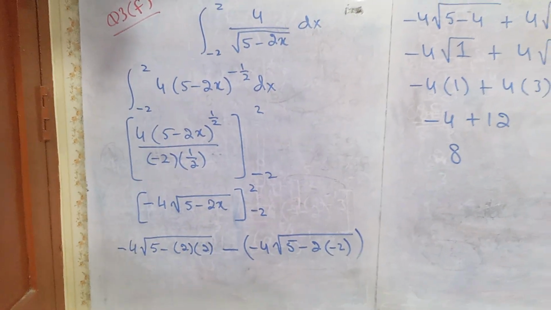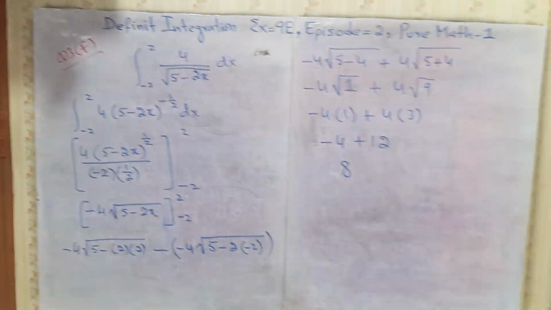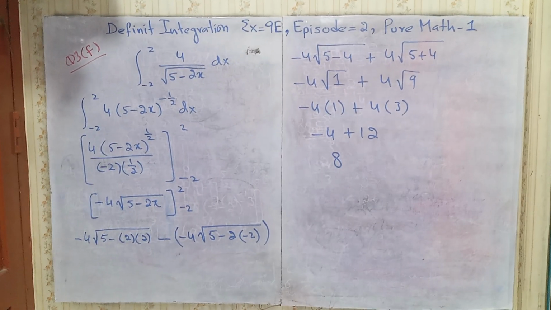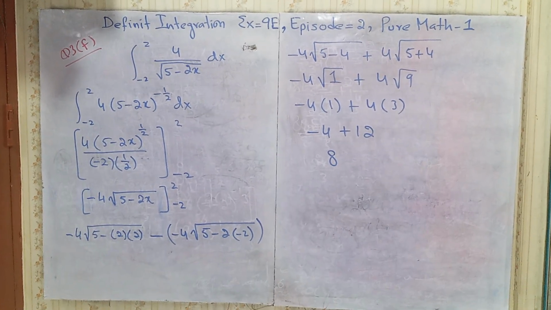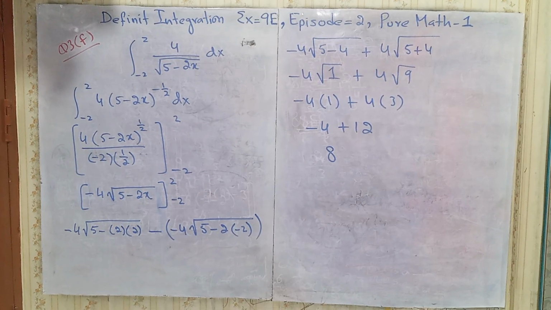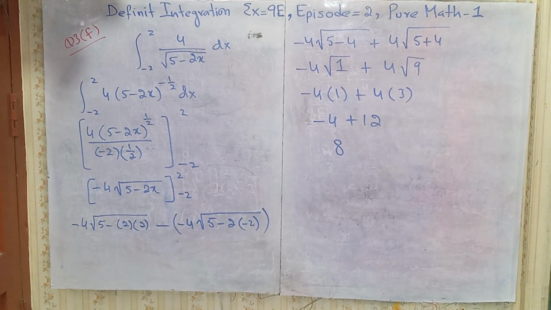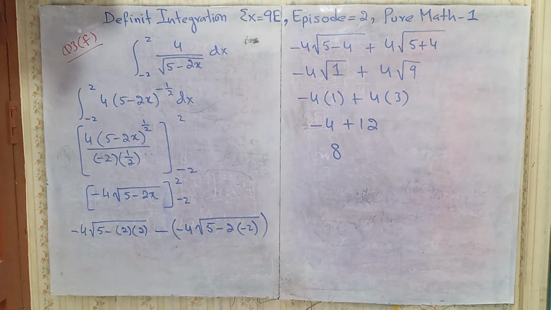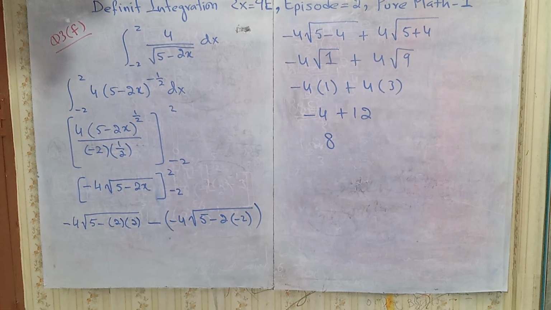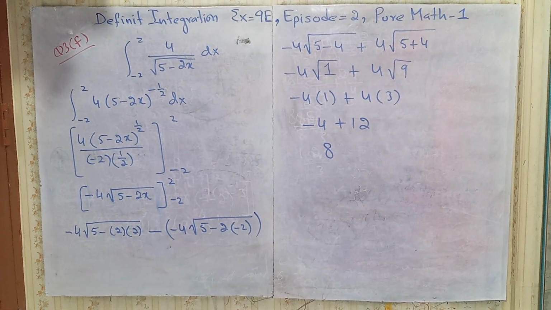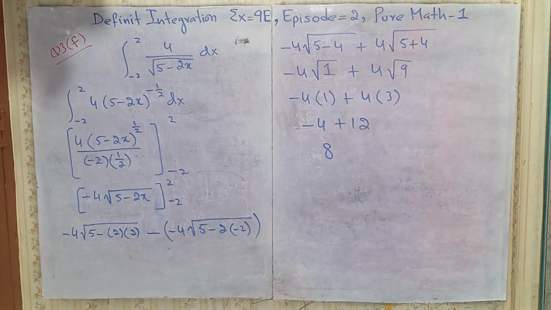So we will substitute these values into that expression. You will have minus 4 under root 5 minus 2 into 2, minus 4 under root 5 minus 2. So you will get minus 4 under root 5 minus 4, plus 4 under root 5 plus 4.